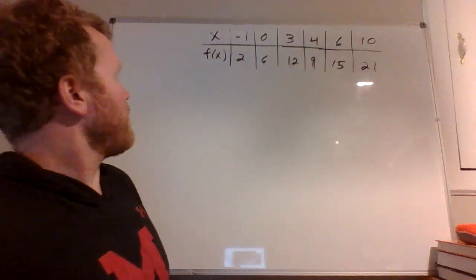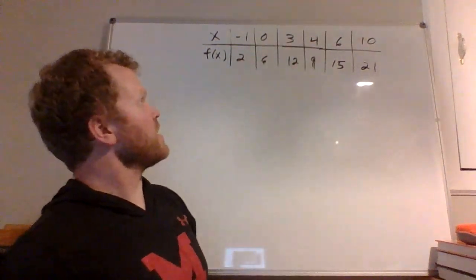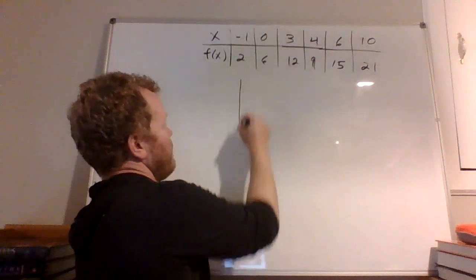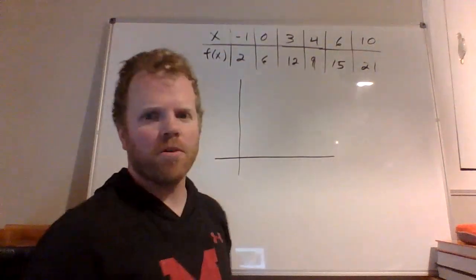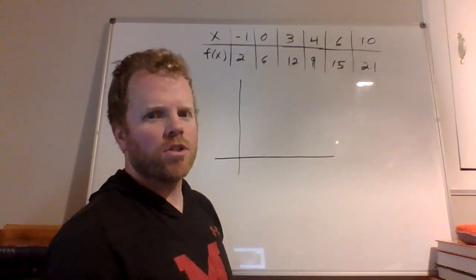So, we've got a table: -1, 0, 3, 4, 6, and 10, and you've just got selected y values that go with those: 2, 6, 12, 9, 15, 21. If it helps you, and it might help you because this is the first ever example you've ever done with a table, just draw the thing.